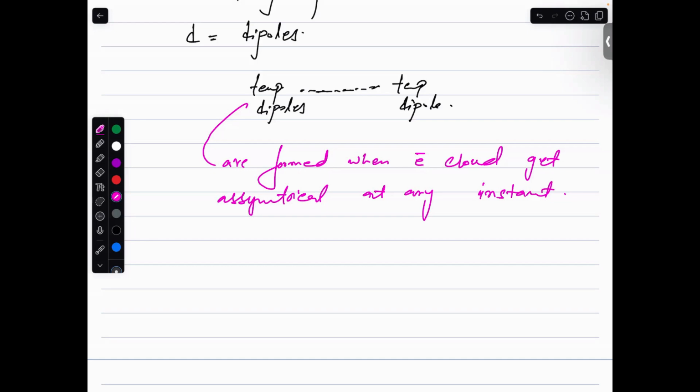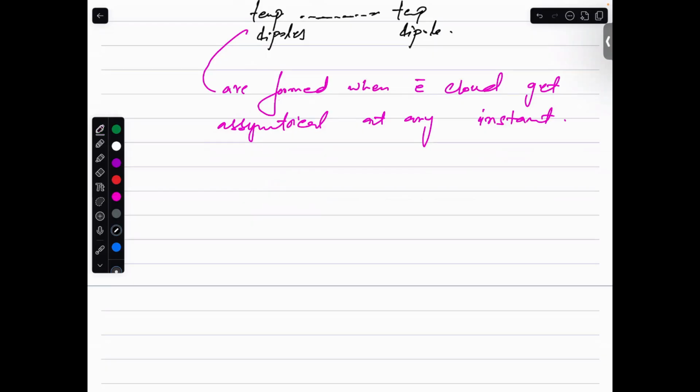For example, this is a molecule. These are electrons, symmetrically distributed, and they're not fixed, they're revolving.